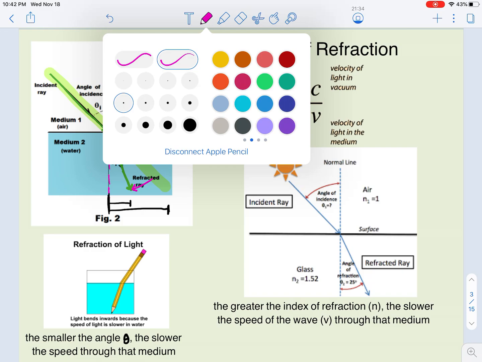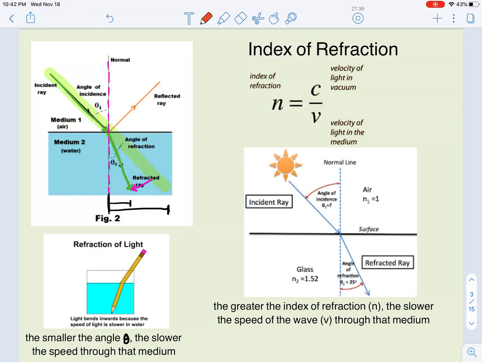What we do want to correctly recognize is that the angle of that refracted light is measured from the normal line to the refracted line, and so there is my angle theta for the refraction. The angle of incidence is also measured from the normal line.